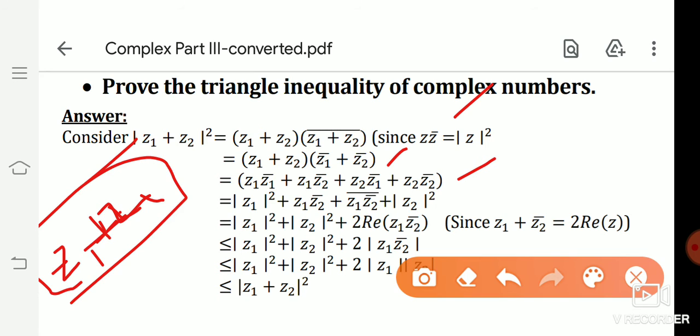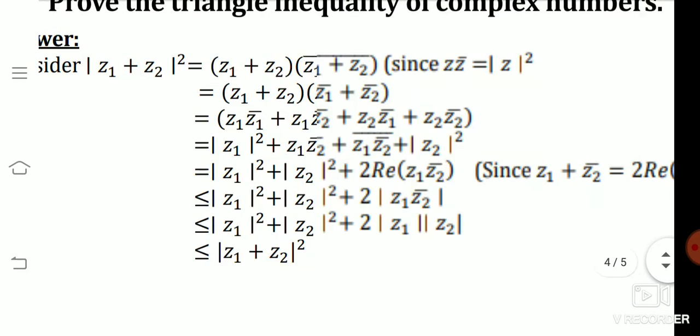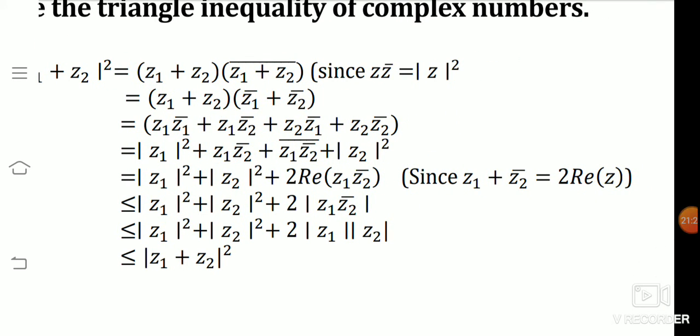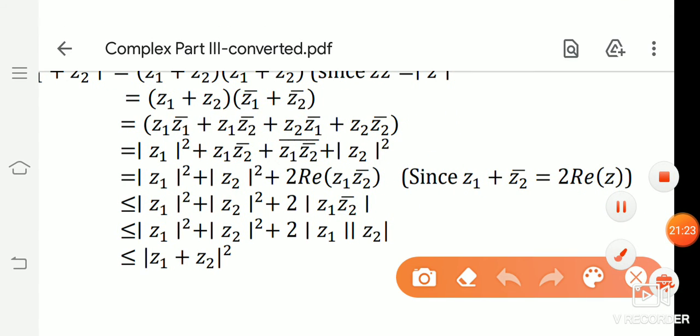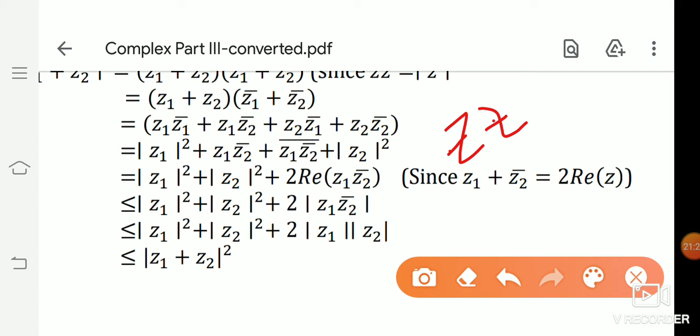Now what to do? We know that z dot z bar is always equal to modulus of z whole square. So here, z1 dot z1 bar we can write as mod of z1 whole square, plus z1 dot z2 bar taken as it is.